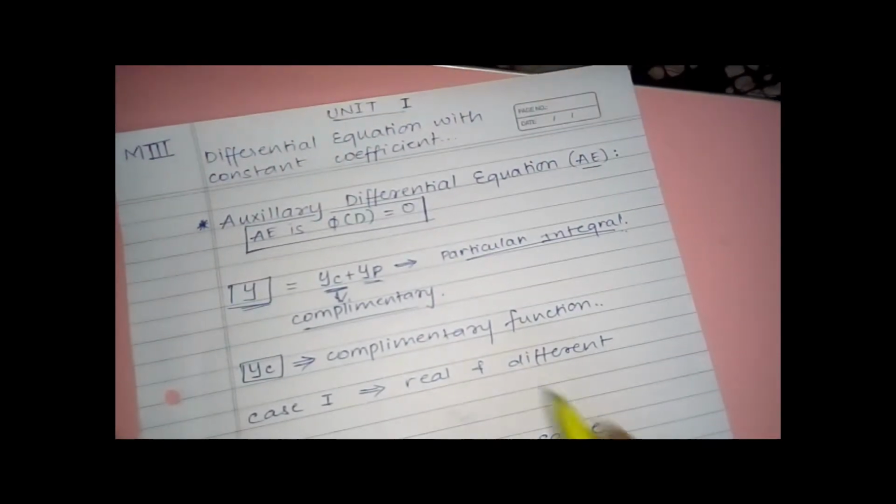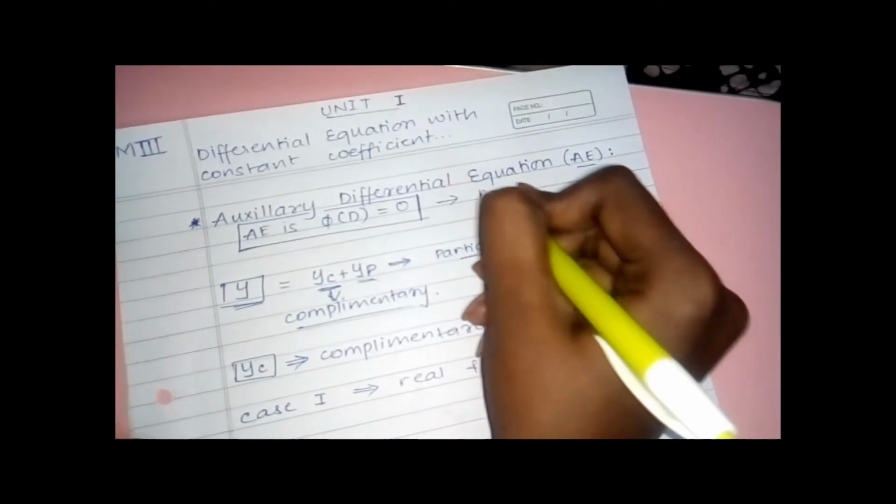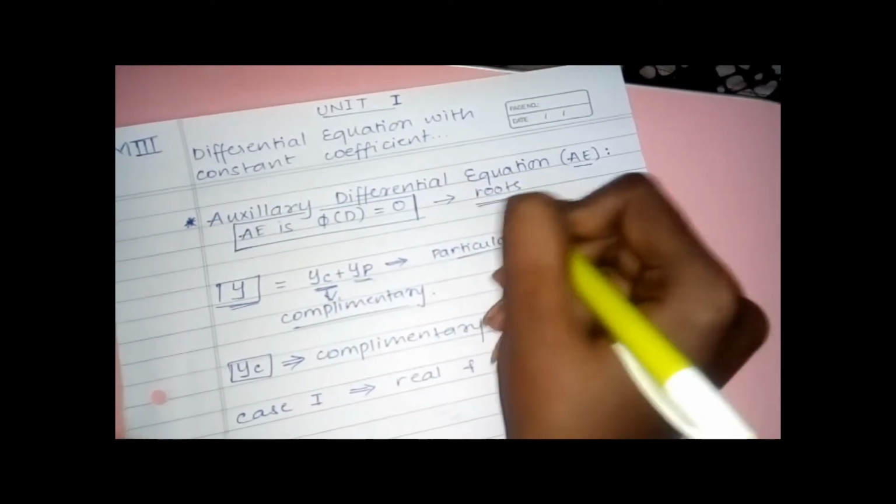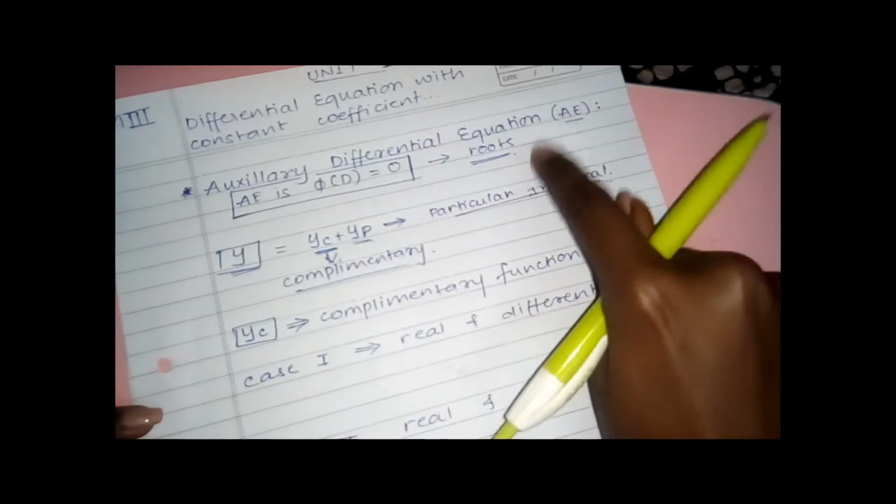Now there are 4 cases. By using AE we find the roots. So for the roots we have 4 cases.